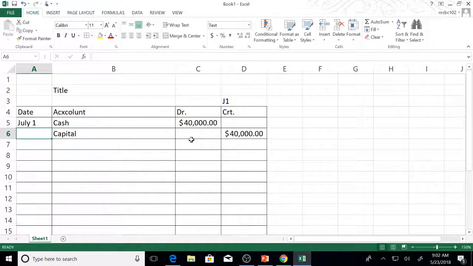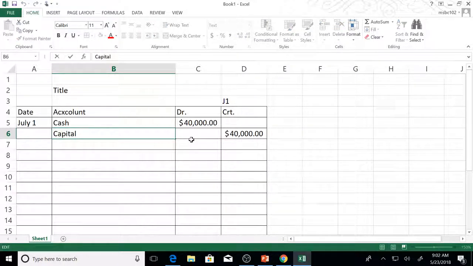John. John's Capital. All right, John's Capital. That is the first transaction.